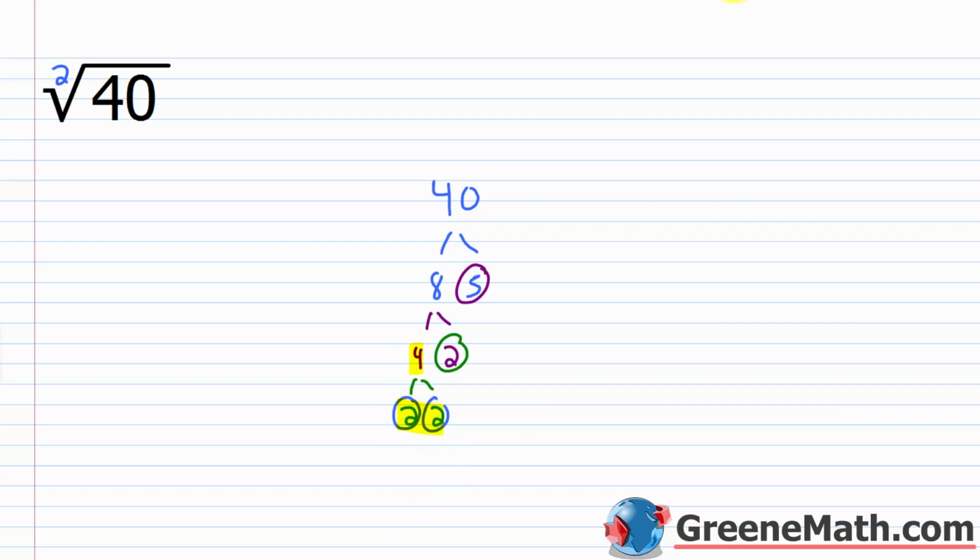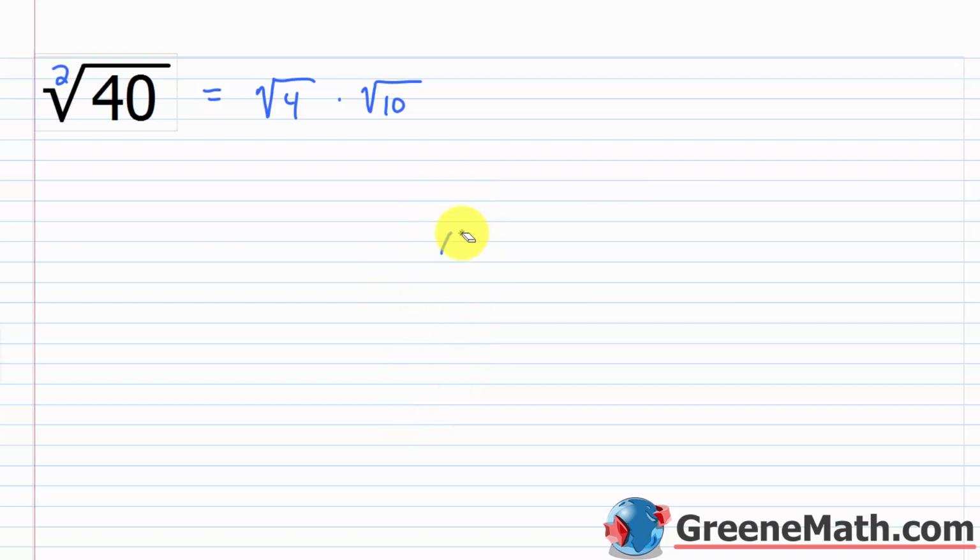So I can write this as the square root of 4 multiplied by 2 times 5 is 10, so the square root of 10, okay? Haven't done anything illegal. Notice that if you had been presented with the problem, the square root of 4 times the square root of 10, by the rule we just learned, we could write this as the square root of 40. Now, this wouldn't be considered simplified, but we could still do it.